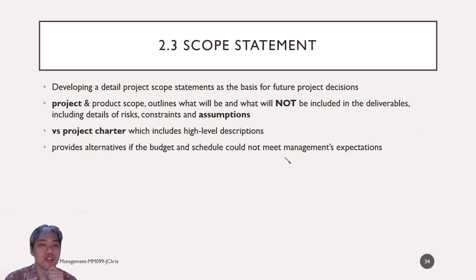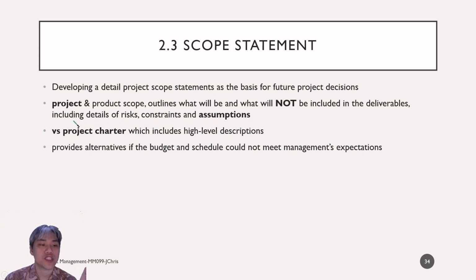The third is the scope statement. This means developing a detailed project scope statement as the basis for future project decisions. The project and product scope outline what will and will not be included in the deliverables, including the details of risks, constraints, and assumptions.